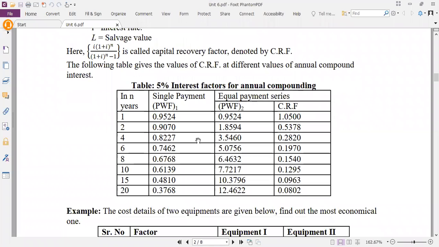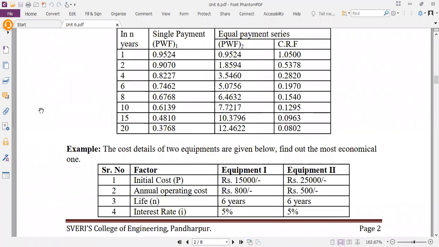Then this is the example given to us: the costs of two equipment are given below, find out the most economical one. So out of these two equipment, we have to find out which is the economical one based on the equivalent annual cost method. By comparing the annual cost of both equipment, we have to find the best one. What does the table suggest?